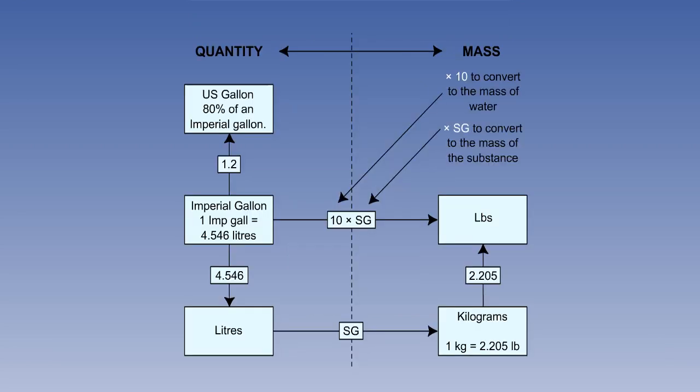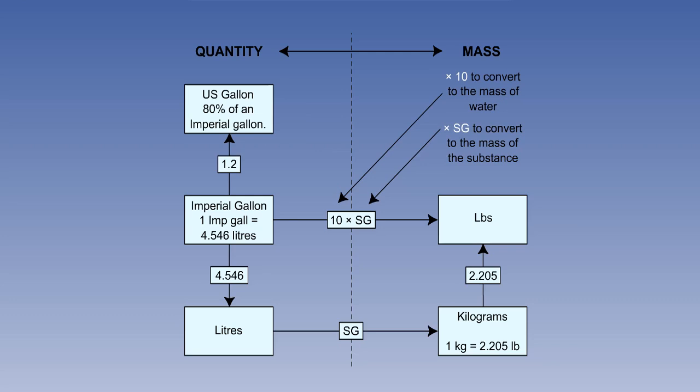In order to help you with the conversions, you will see on screen a handy chart illustrating all the steps needed to change volume to mass and mass to volume. In the left-hand column, the fuel quantity is listed in US gallons, imperial gallons and litres, and in the right-hand column, mass is listed in pounds and kilograms.